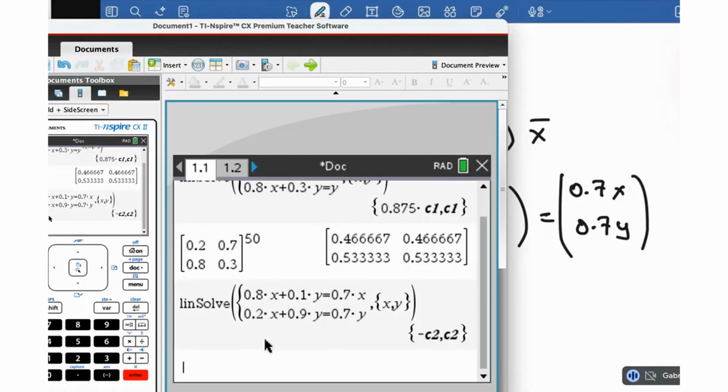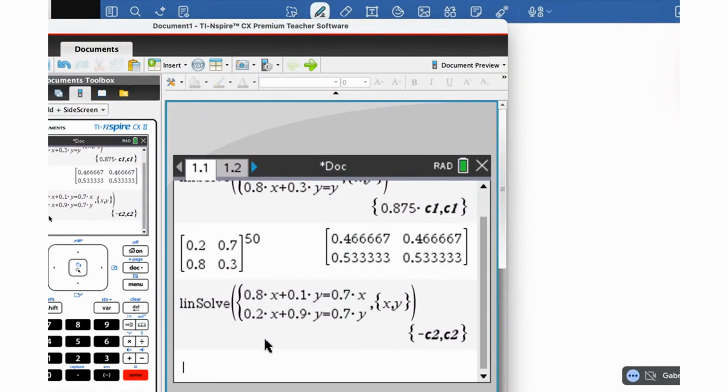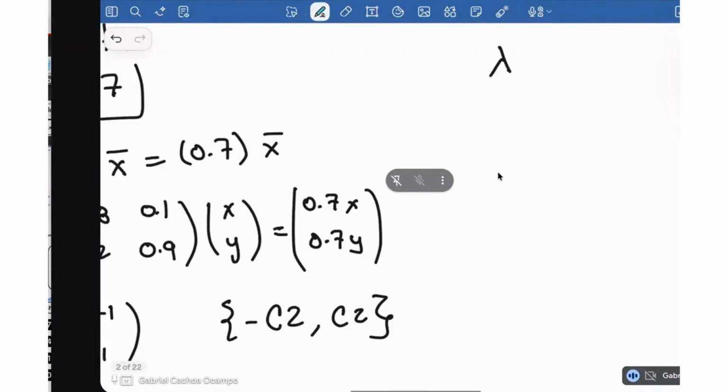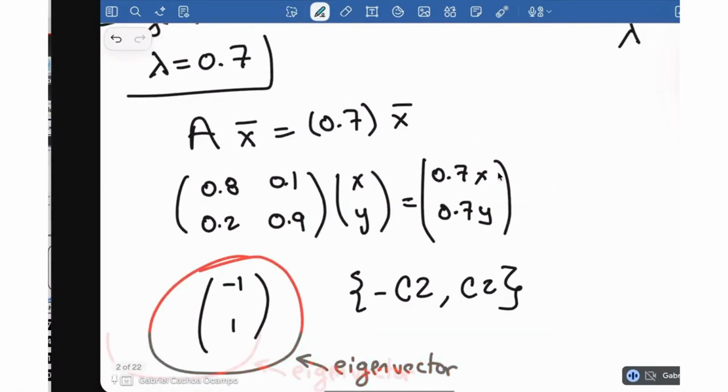So look, in this case, I have negative c2, c2. If I just replace it by a 1, it is a 2, because it is the second time that I've done this, no? So my associated eigenvector would be negative 1, 1. So this is the eigenvector associated with 0.7.